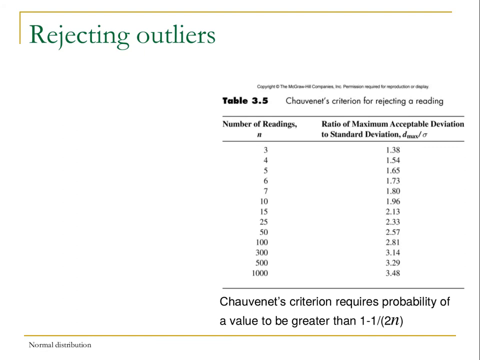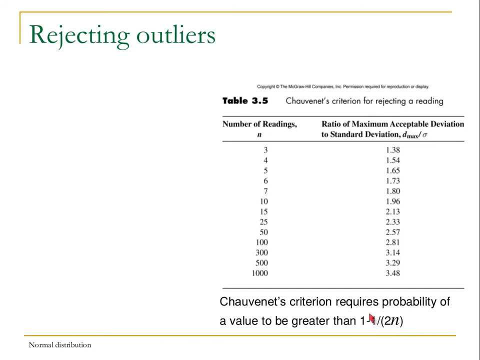We're going to look at Chauvenet's criteria, which says that in order to keep a reading or a value, the probability of getting that value has to be greater than 1 minus 1 over 2n, where n is the number of readings. So for example, if we took 50 readings, then 1 minus 1 over 2n is 0.99.